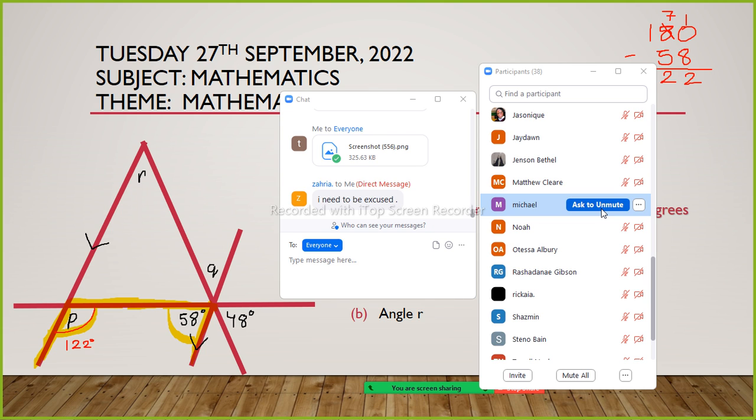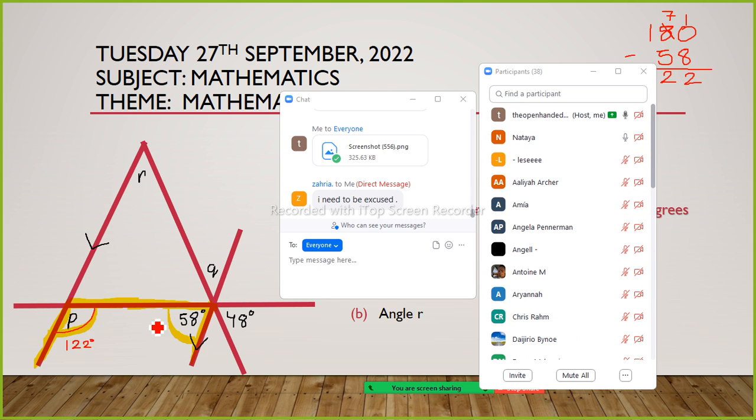What do we know about them? What must these two angles add up to? P and 58. What must they add up to?